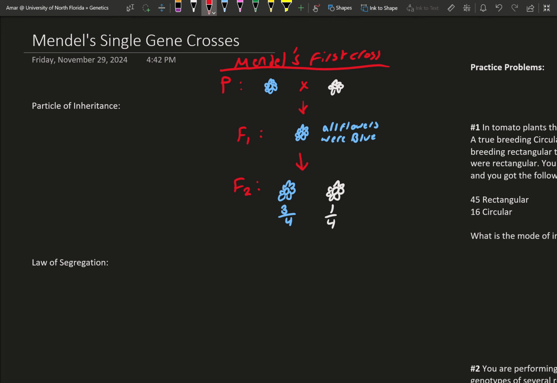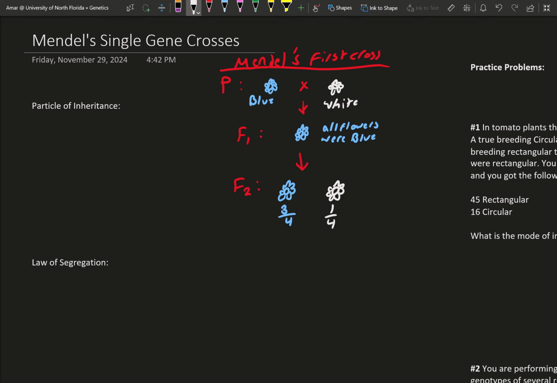Basically, he took a true breeding blue flower in the parental generation and crossed it with a true breeding white flower. And what he got in the F1 generation was that all the flowers were blue, which was not expected out of the blending theory of heredity, right?